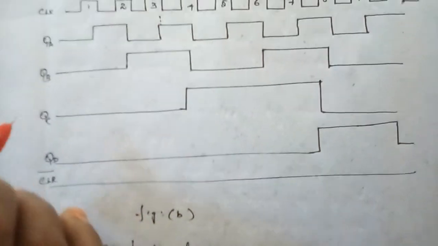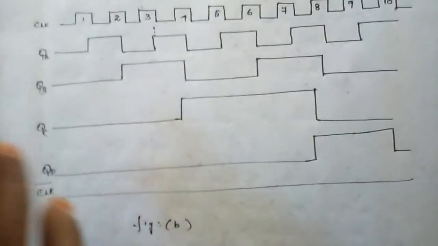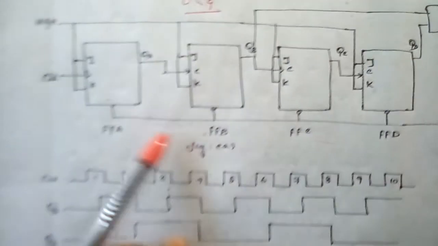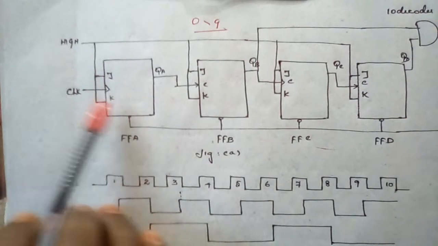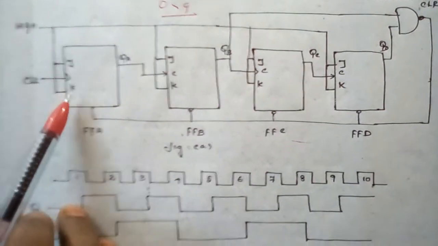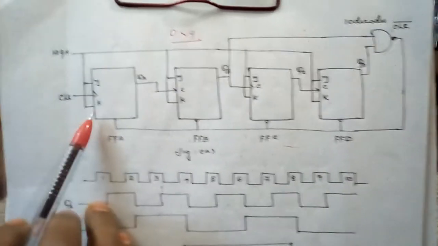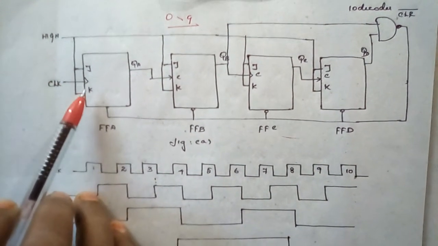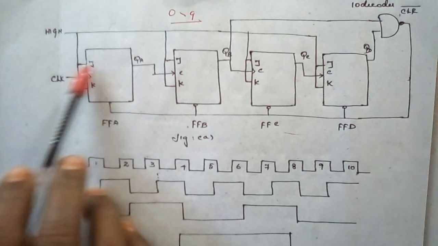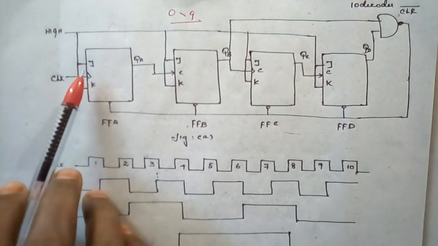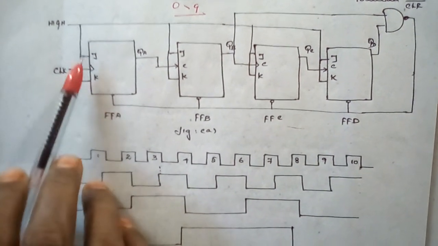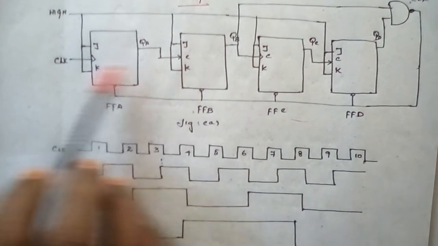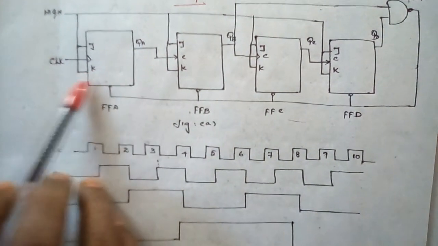So I repeat it once again. The decade counter counts 10 states, that is from 0 to 9. Since it counts 10 states, it is constructed with 4 flip-flops, and as in the earlier cases, JK flip-flops are used. J and K are made high, and when both inputs are high, it toggles.